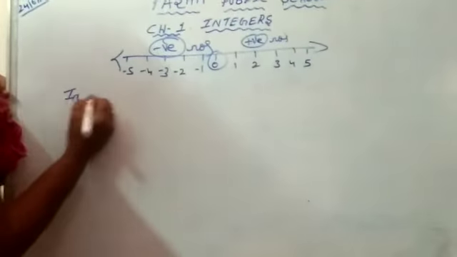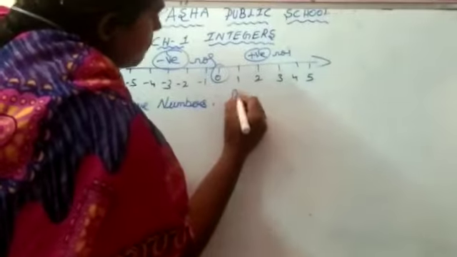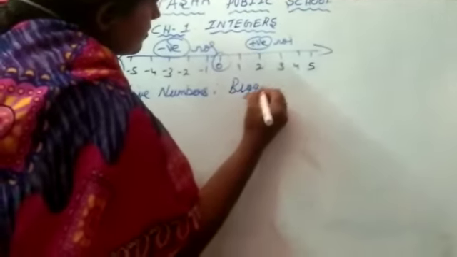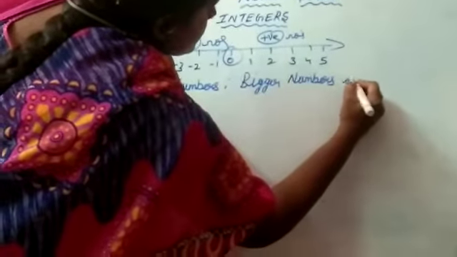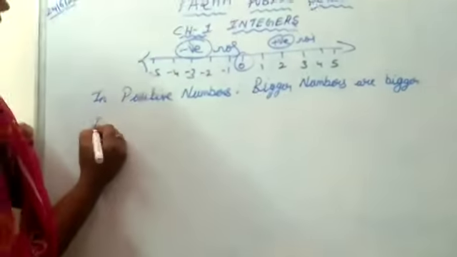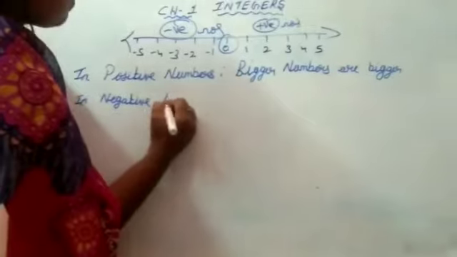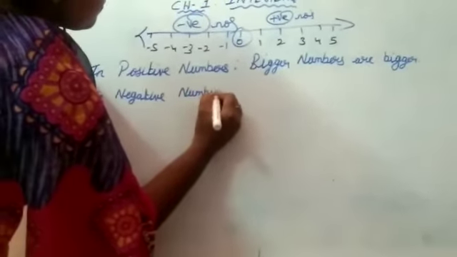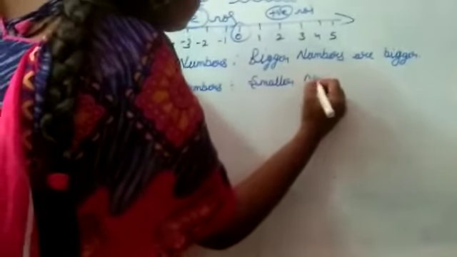One thing you need to remember: in positive numbers, bigger numbers are bigger, and in your negative numbers, smaller numbers are bigger.